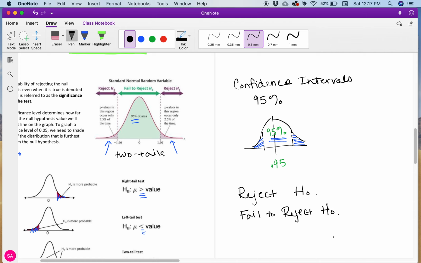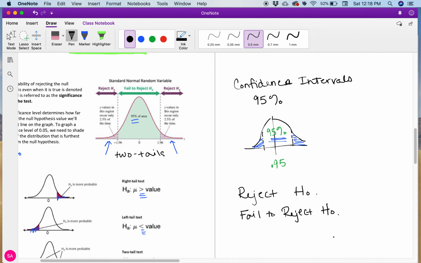Because once again, the whole point of these hypothesis tests is to see if our alternative claim, our alternative hypothesis, is true. Just because we can't prove that the alternative is true, H sub A, doesn't necessarily mean that the null hypothesis is true.